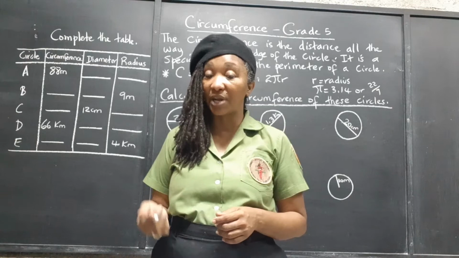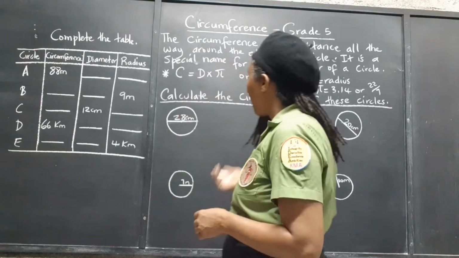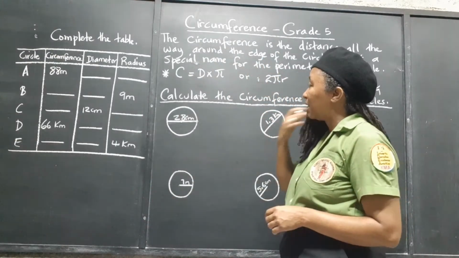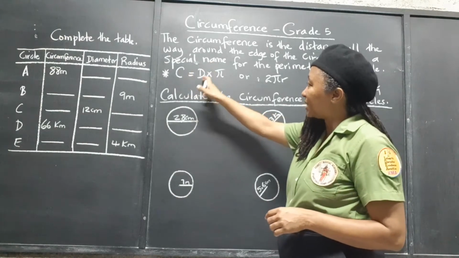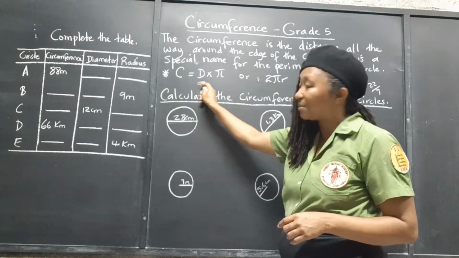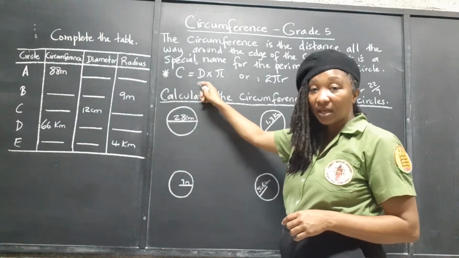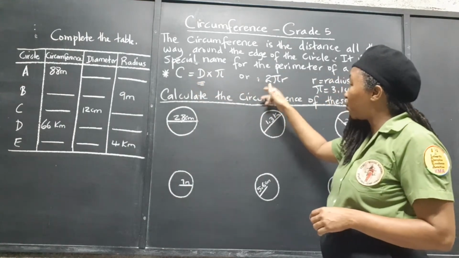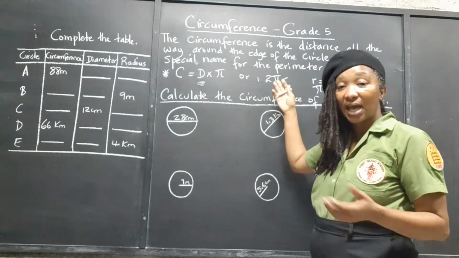So 2 times the radius gives the diameter. Therefore, since the circumference is the diameter times pi, and the diameter is 2 times the radius, then the circumference is also 2 times the radius times pi.